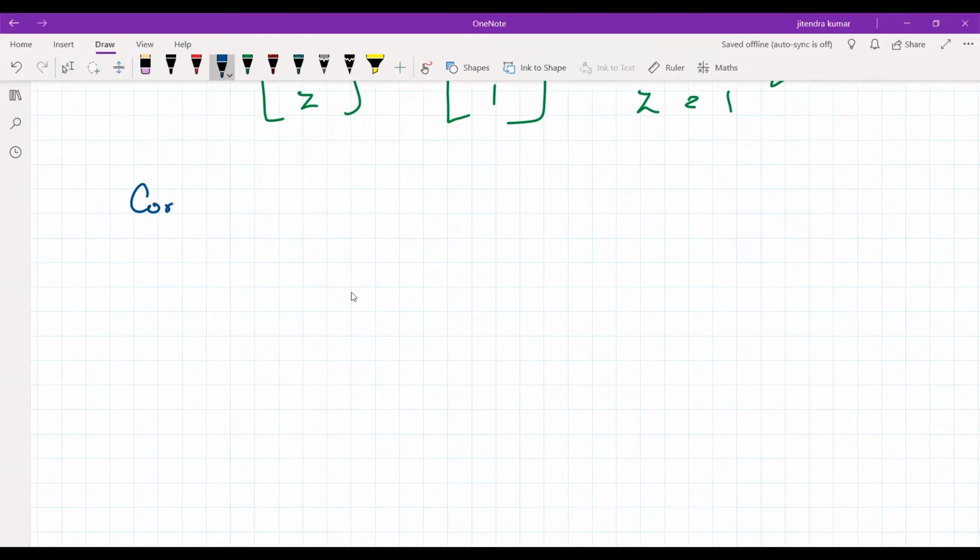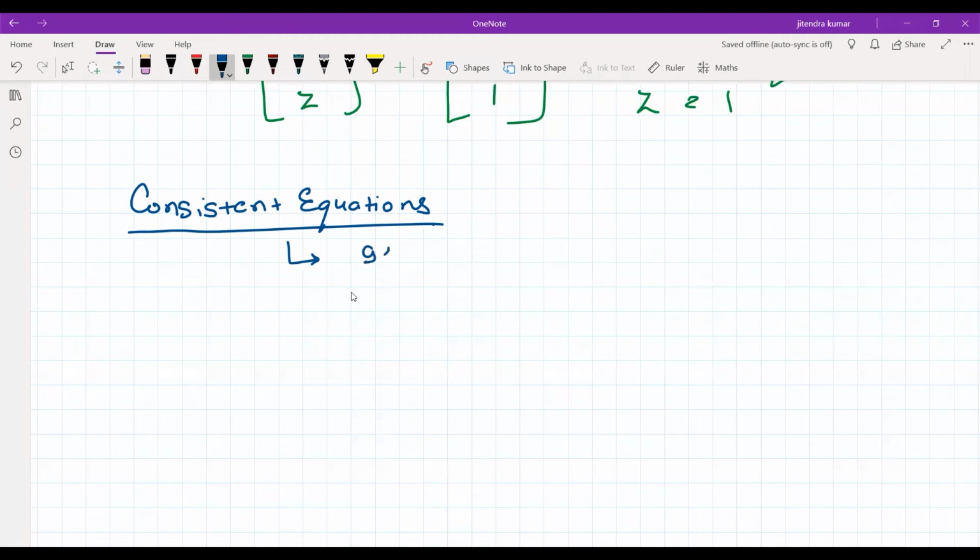So first is consistent equation. Consistent equations are basically those systems of equations which have a solution. If we are able to find the solution, then we call it consistent.